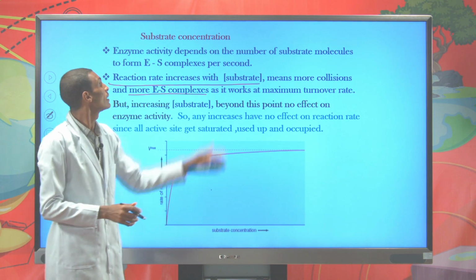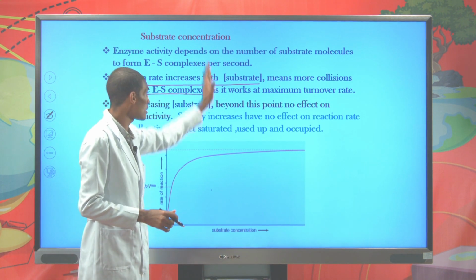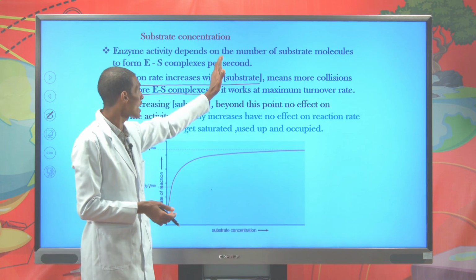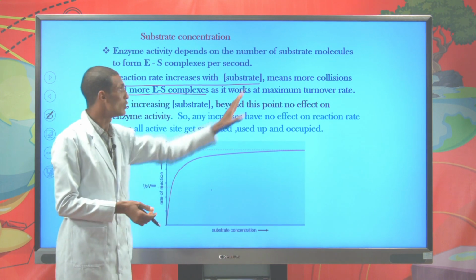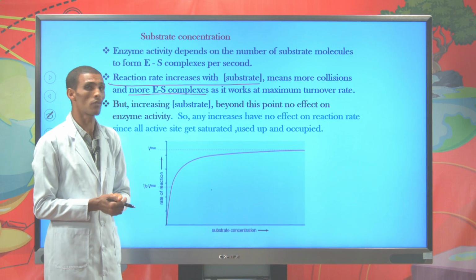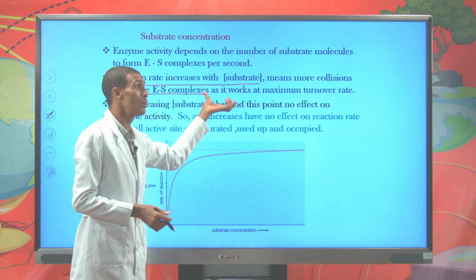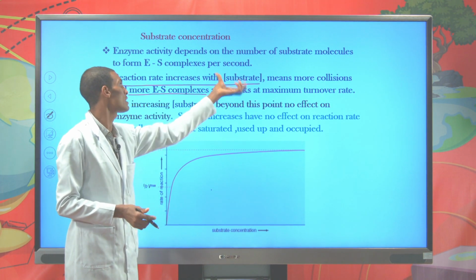So, if there is low substrate concentration, the rate of the reaction is low, with few collisions between substrate and enzyme, and a low rate of enzyme-substrate complex formation.